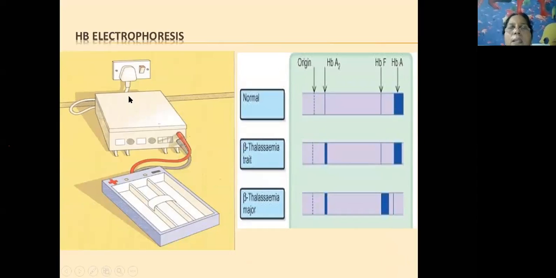And again, like sickle cell anemia, we do hemoglobin electrophoresis. In normal you get HbA, but in thalassemia minor, you get increased HbA2. In major, you get HbF, fetal hemoglobin.